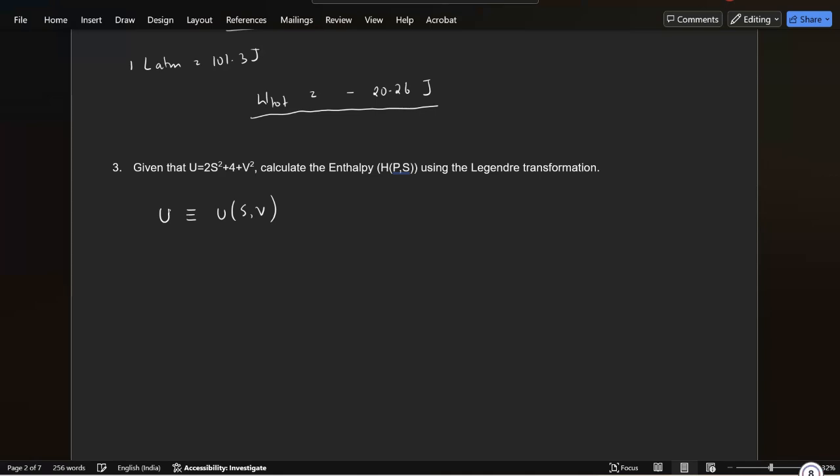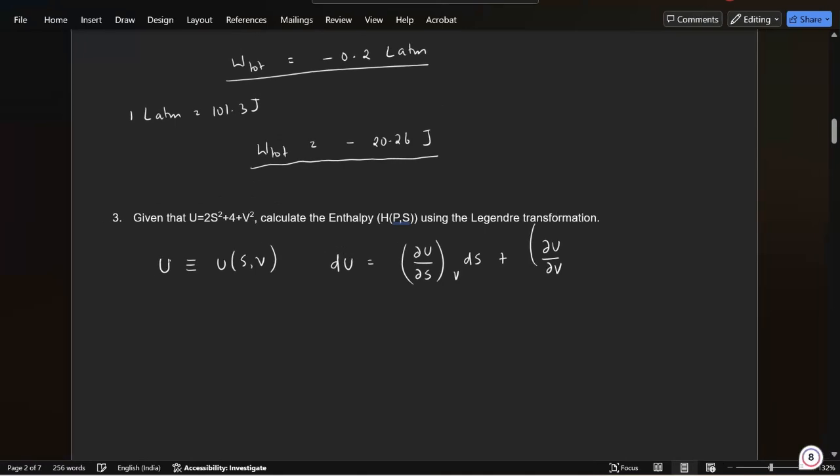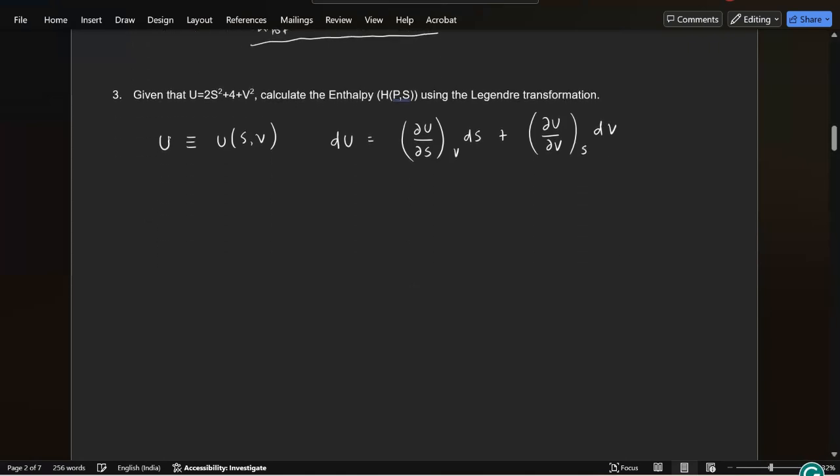Yes, sir. So that means dU can be written as constant plus P, constant. So we can write like this, no?